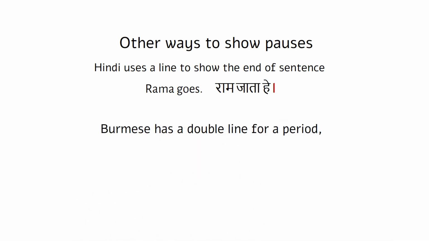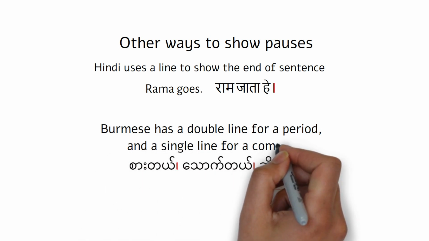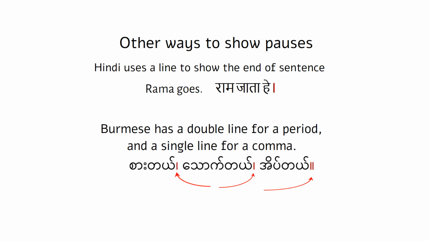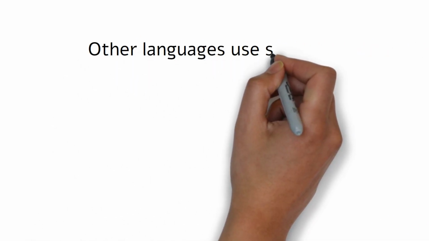Burmese has a double vertical line, which corresponds to a period, and a single vertical line, which corresponds to a comma. So, 2 lines for the end of a sentence, 1 line for a pause inside a sentence. But other languages use spaces for the same function.